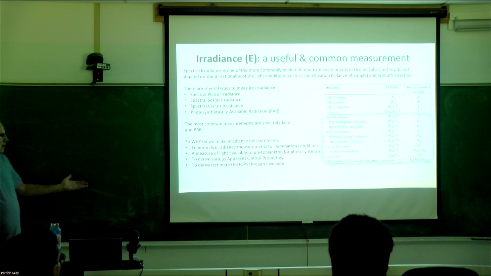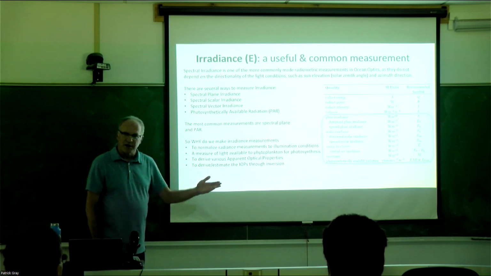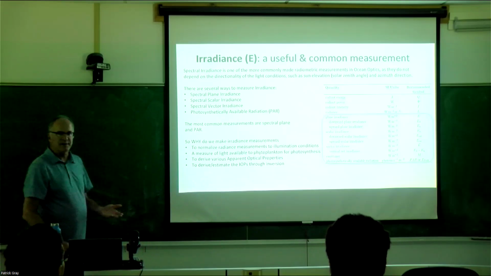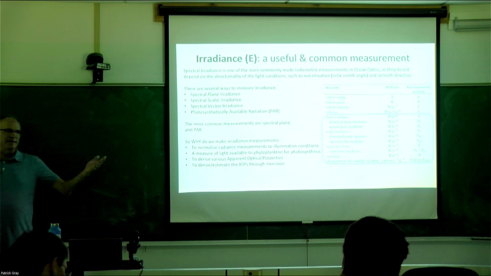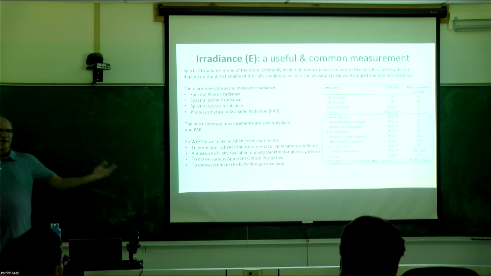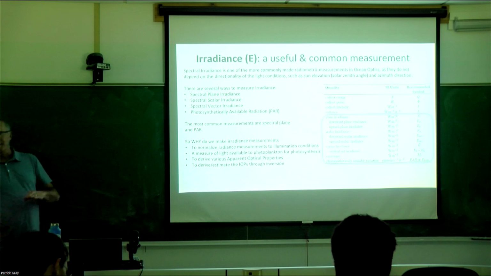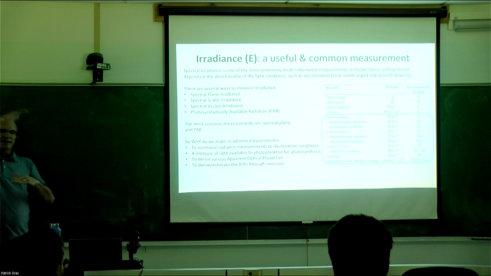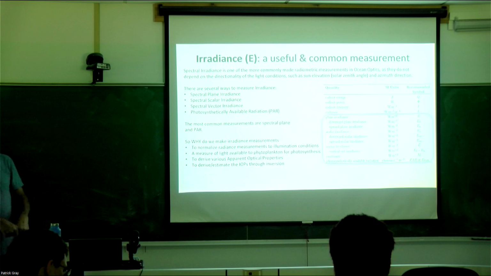So why do we make the irradiance measurements? It helps us normalize to the illumination conditions. In other words, you're out in the sun, it's bright, and all of a sudden a cloud passes by. You've got a radiometer there that's measuring upwelled light. You need to normalize it by the actual light impinging down on the surface at that point in time as well.